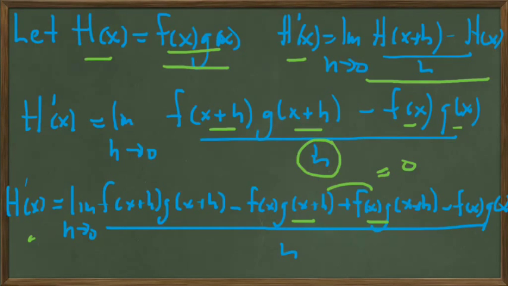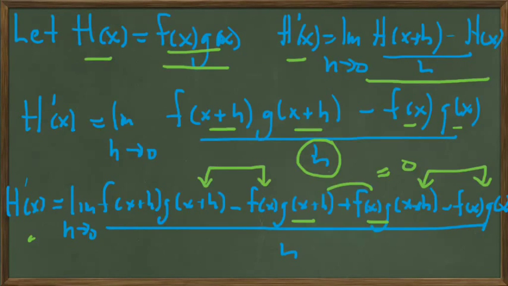And then let's note, as we'll see on the next slide, that if we group these two terms in the numerator together and then these two terms in the numerator together, we're going to be able to get to a place where we can resolve the limit that has the h in the denominator.